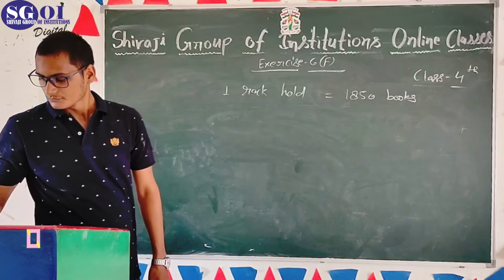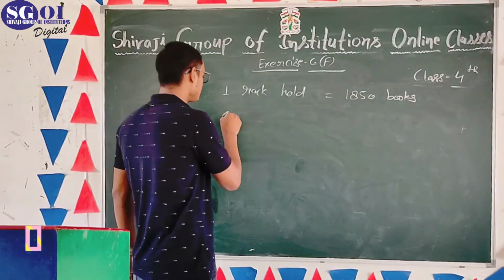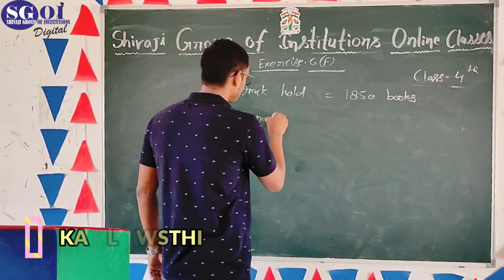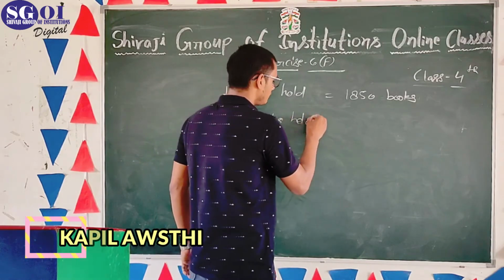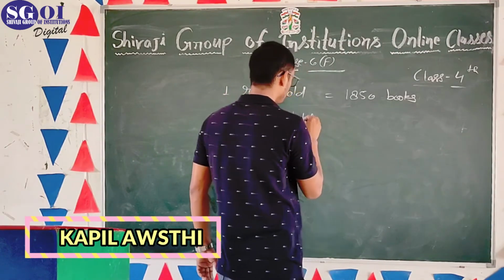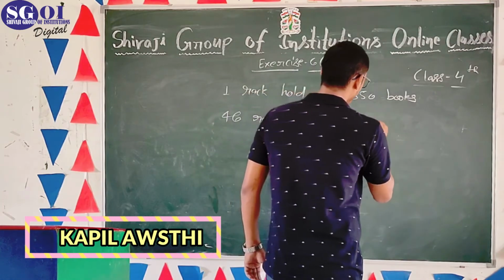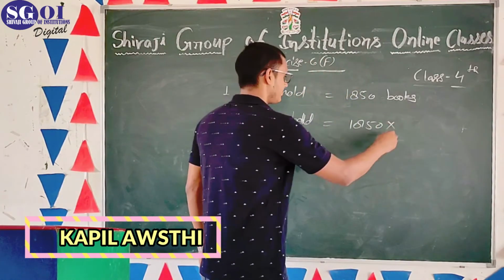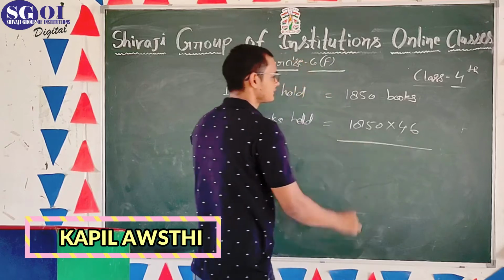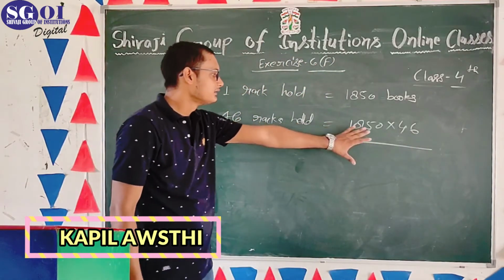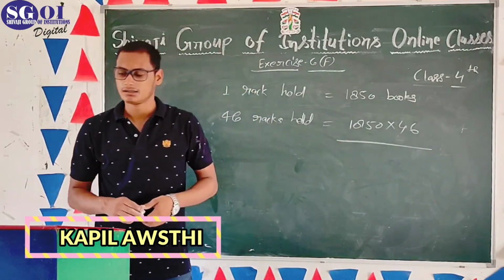Then 46 racks hold 1850 multiplied by 46. Multiply it and find the answer.